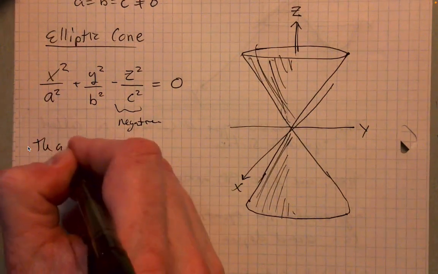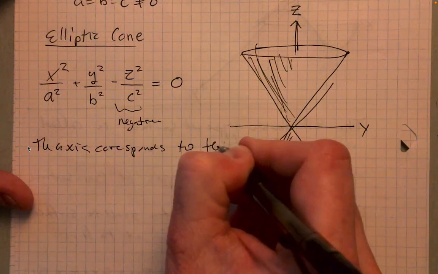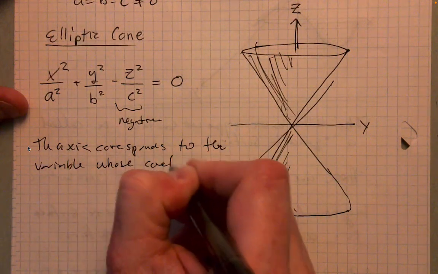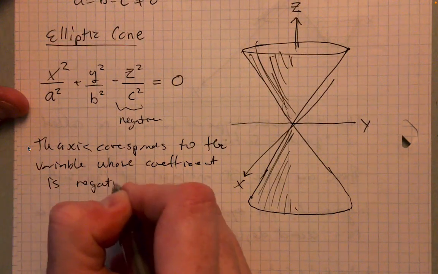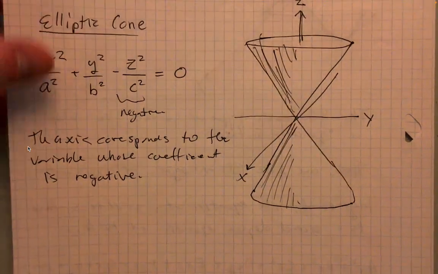So the axis corresponds to the variable whose coefficient is negative. Okay, so that's the elliptic cone. We've all kind of seen this shape. This is not unfamiliar. Okay, very good. Next up would be a couple of different takes on the hyperbola.